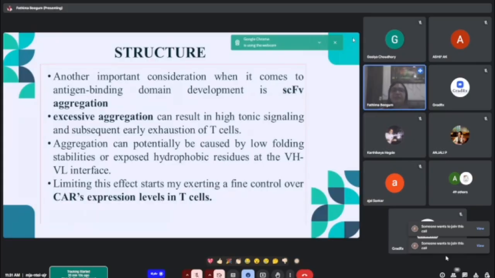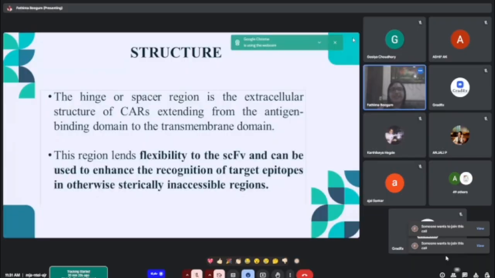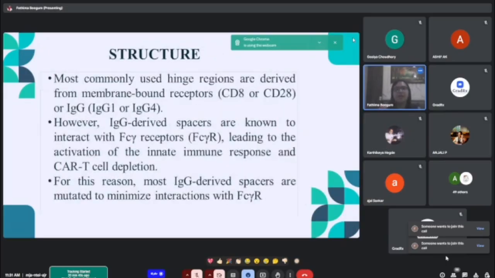So in most of the cases, we are preventing that aggregation by various molecular techniques or genetic tools. Excessive aggregation should be prevented. Then comes our next important structure, that is the spacer, which helps to recognize the epitopes. As I told you, it always helps to recognize the epitopes, and that is the main function of our hinge.